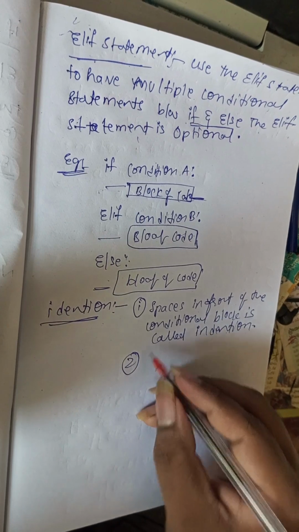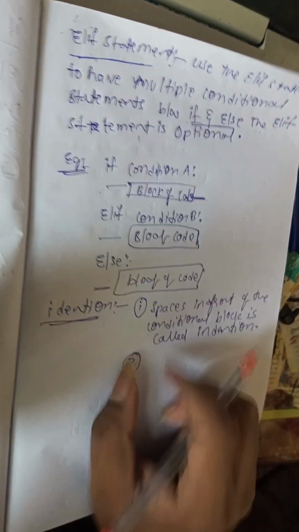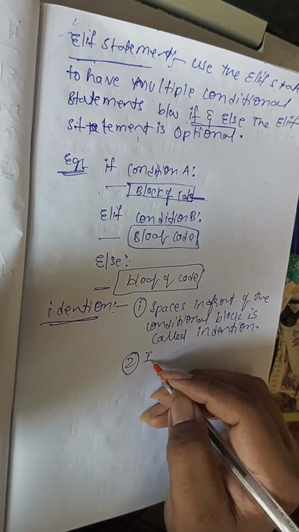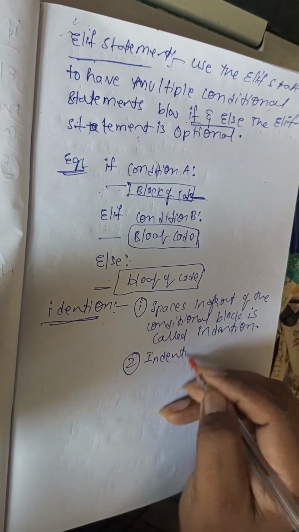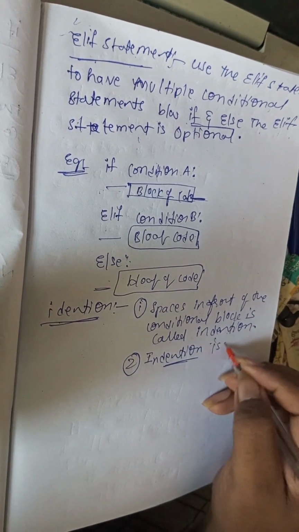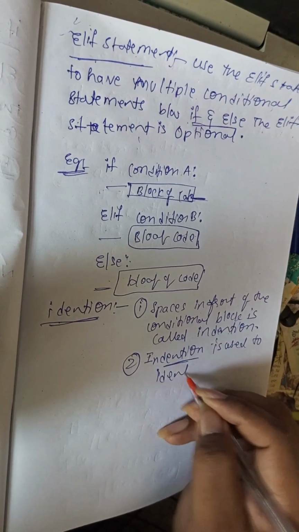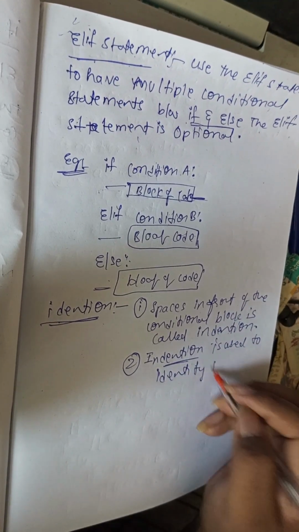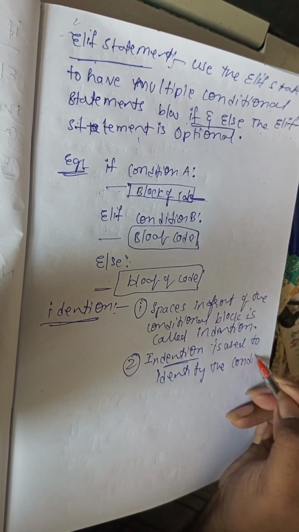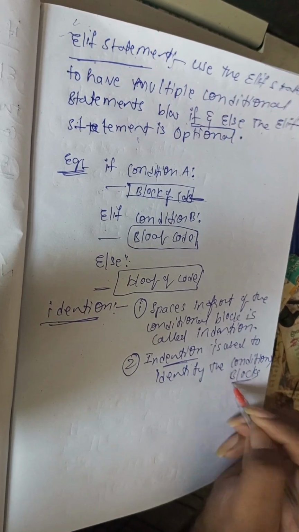Next, indentation is used to identify the conditional block. Indentation means spaces is used to identify the conditional blocks. This is important.